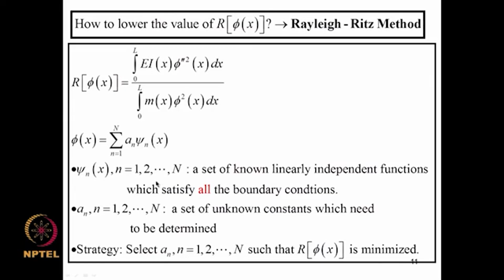So these phi n of x are a set of known linearly independent functions which satisfy all the boundary conditions to start with. Then we found out ANs which minimize this Rayleigh's quotient, and that helped us to find not only the first natural frequency but also approximations to higher natural frequencies.